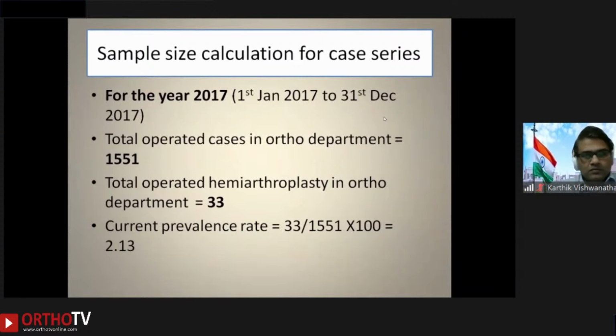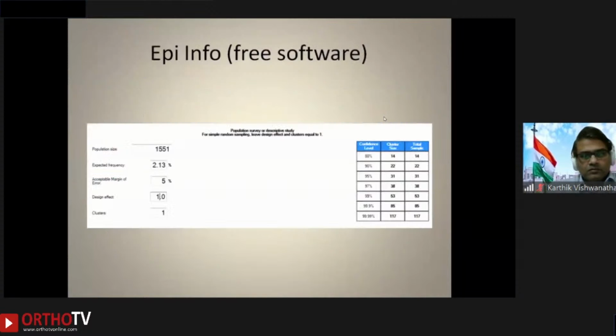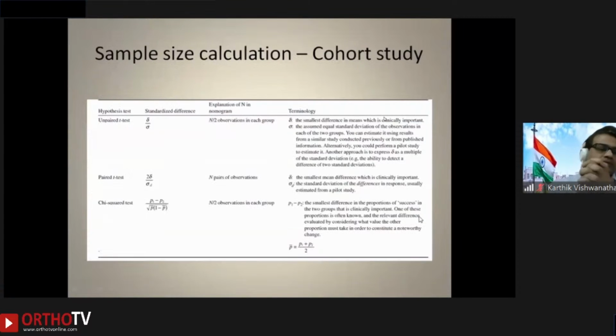In this case, 2.13. Then you put it into a software. Epi Info is a very good software which helps to calculate sample size and power. So you input these data here. Rest of them are fixed, and then you'll get, like, for 80% confidence level, you need a sample size of 14. For 95, you need 31. So accordingly, it helps to form your sample size.